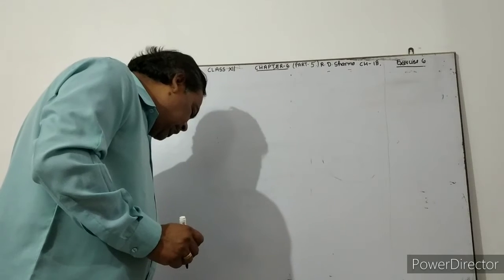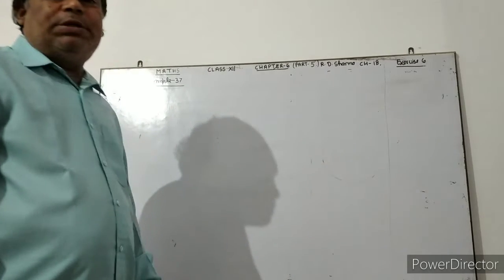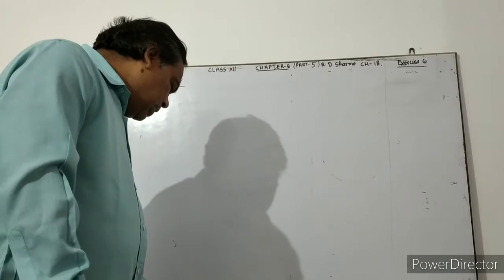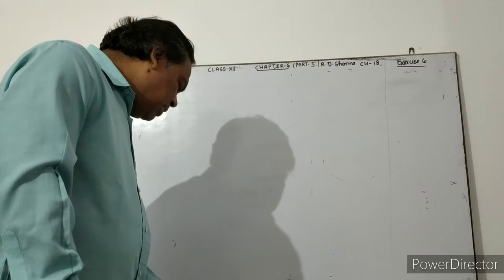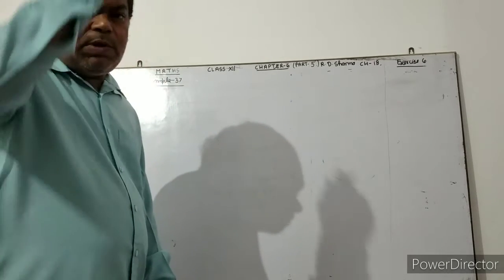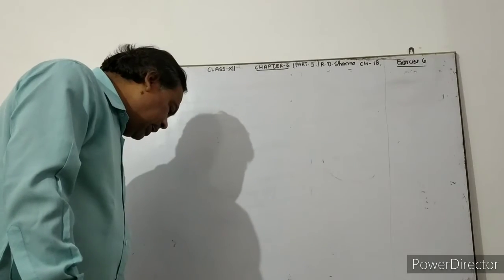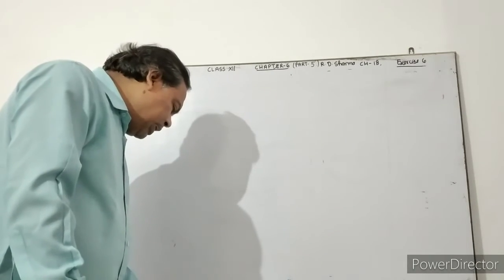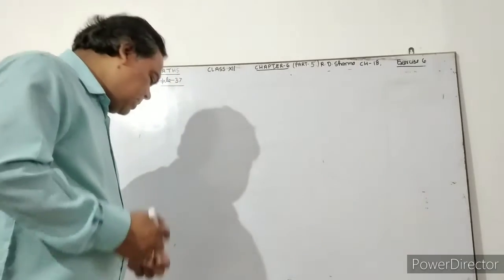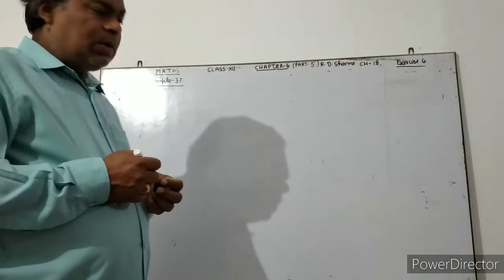If the length of the three sides of the trapezium other than base are equal to 10 centimeter, find the area of the trapezium when it is the maximum. Understand the question?